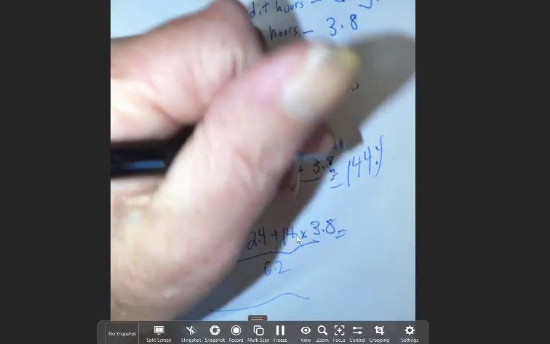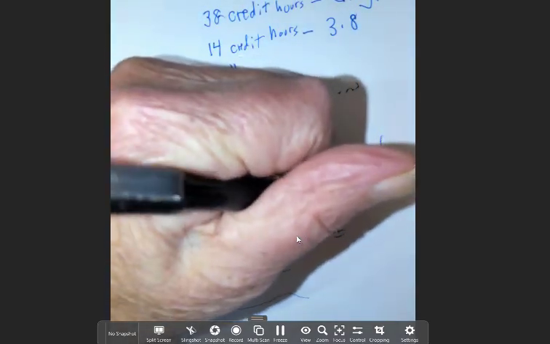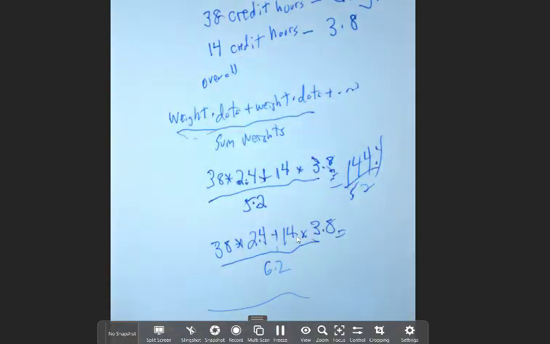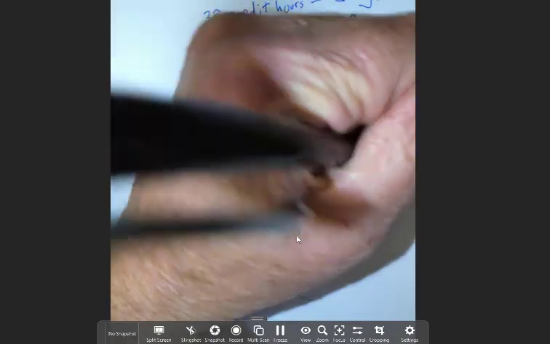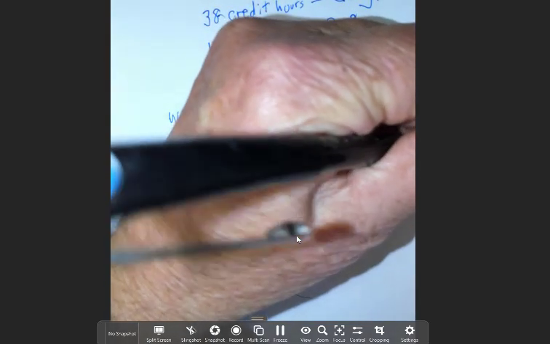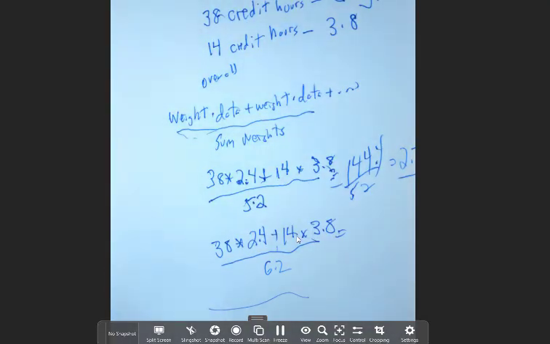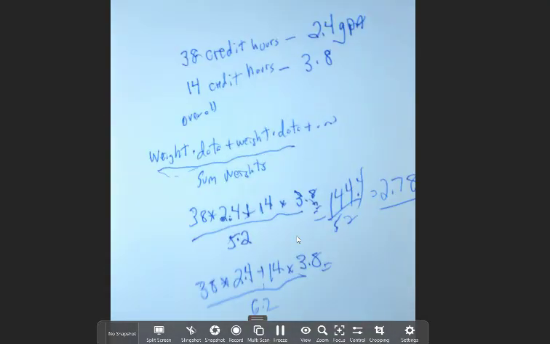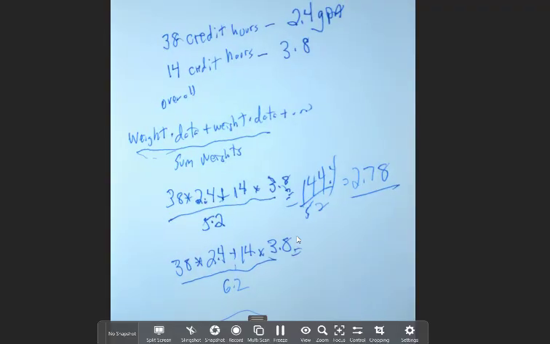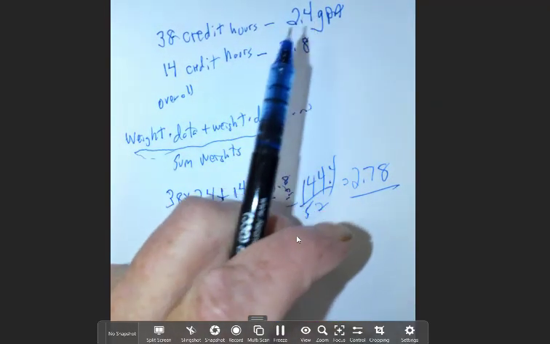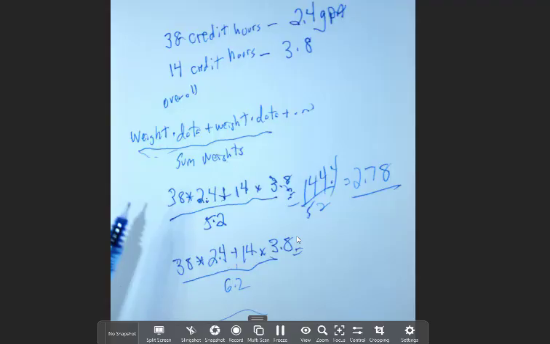And now I'm going to divide that by 52, right, which is the sum of the weights. And I get 2.78 GPA, which makes sense. It's got to be somewhere between here and here. So this is correct.